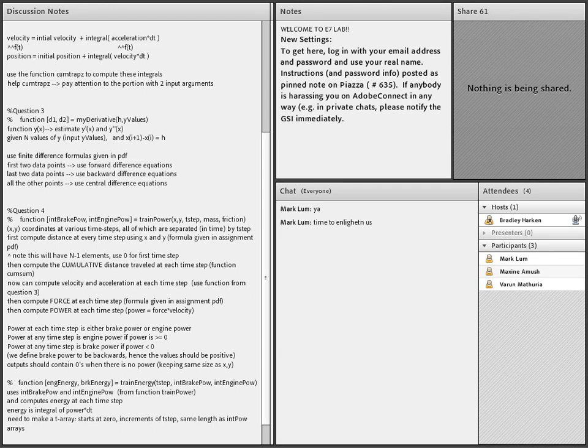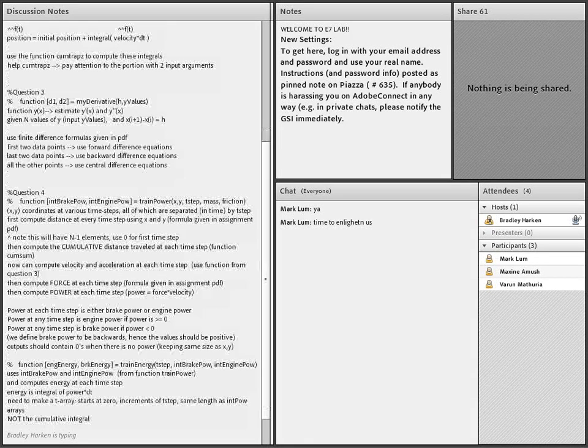So you make a t array, and then you use that to do the integral, which we're going to again just use a prepackaged command, but note it is not the cumulative integral.